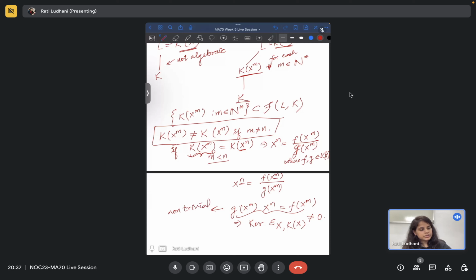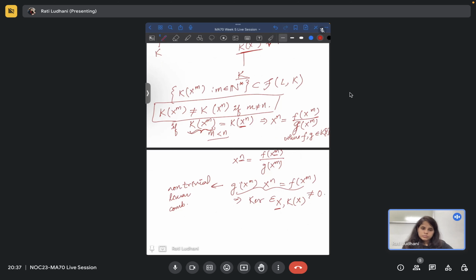Because m and n are different and m is strictly less than n, you will always have x^n times some multiplication like g(x^m). So this is a non-trivial combination. This implies the kernel of the evaluation map at x, with coefficients in k, is non-trivial. This implies x is algebraic, which is a contradiction.